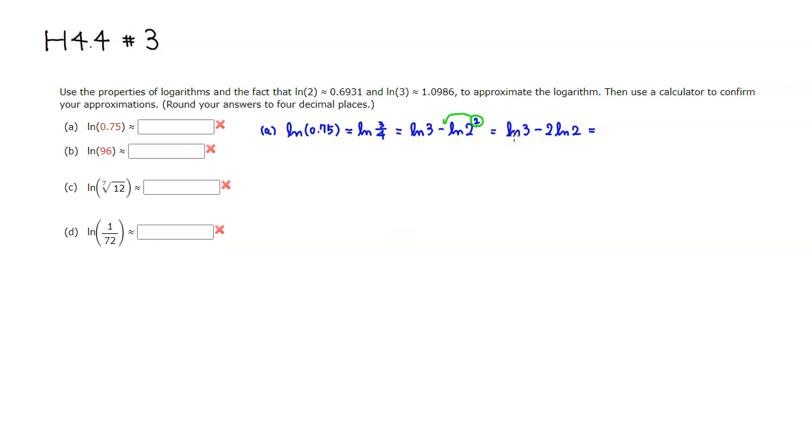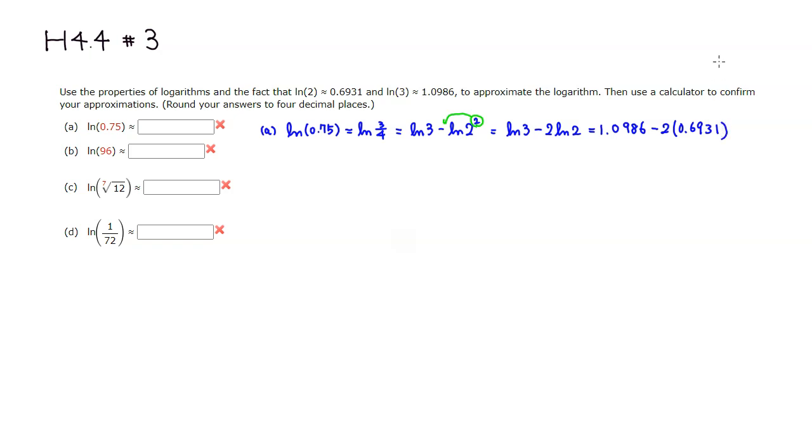So the natural log of 3 is 1.0986. We want to subtract 2 times the natural log of 2, which is 0.6931. All right, so let's compute that.